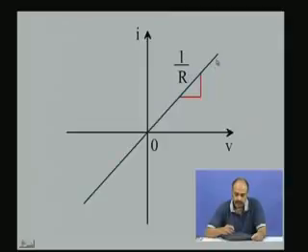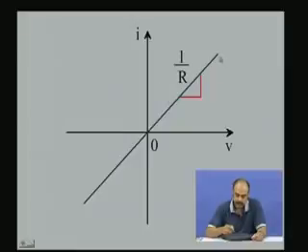So, if you see here in this graph, if this line representing the resistor is aligned along the vertical axis, that is the y axis, then the slope is infinite, which means that R is 0, and this would represent a short circuit.